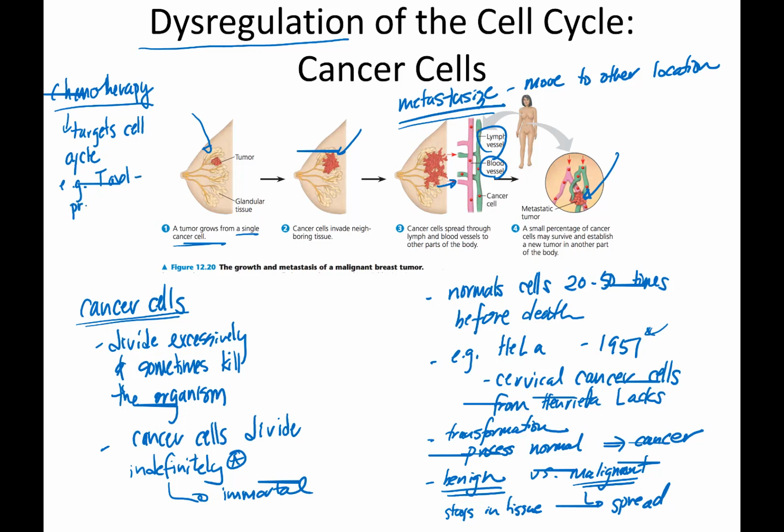Taxol prevents microtubule depolymerization. Remember, microtubules are required for sister chromatids to separate into the opposite poles, but they need to eventually break down. And if you prevent them from breaking down, the cells will die. So it stops cells going to metaphase.